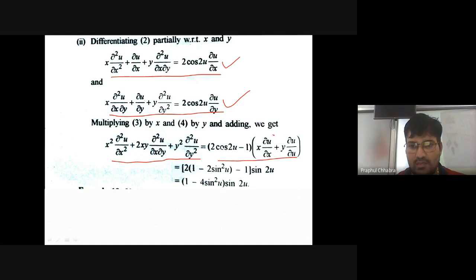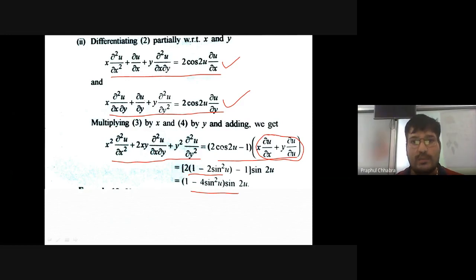And what is the value of this expression? The value of this expression is sin 2u, which we have already done in the first part of this question. And this 2 cos 2u minus 1 can be written as 2 times 1 minus sin square u. Just apply the trigonometry identities and we get the result.